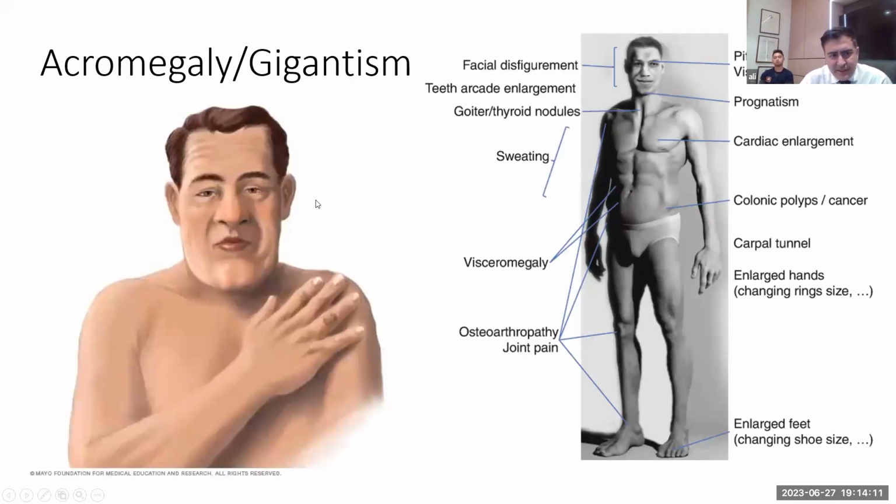So this is the next patient. It's pretty obvious. This is an acromegalic patient. And the features include usually enlargement of the hands, changes in facial features, enlargement of the jaw. Sometimes they develop loss of vision.